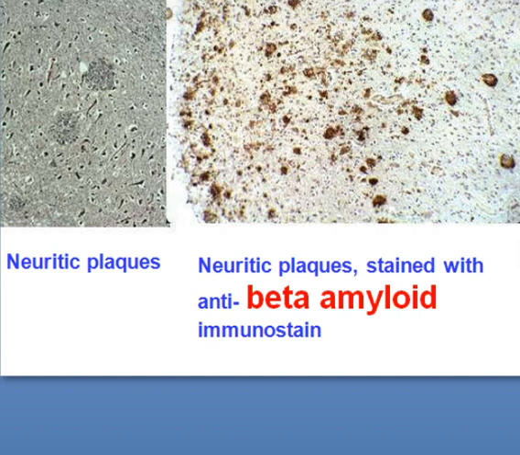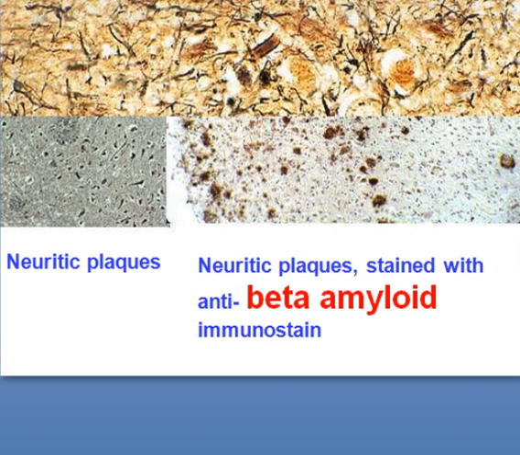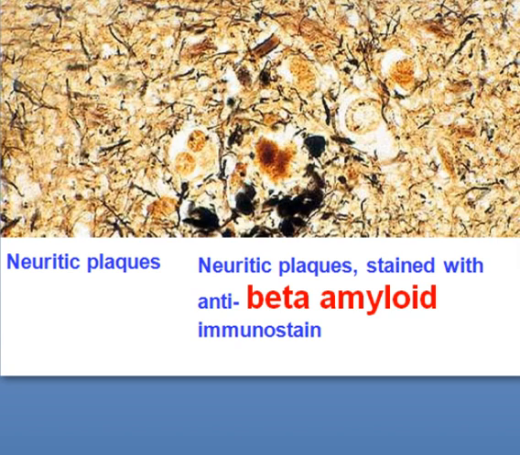Here's another plaque, and they call them neuritic plaques because they're black and they stain like these little nerve fibers by the silver stain. But in addition, there is a hyalinized area in very close association to this extraneuronal substance called plaque.